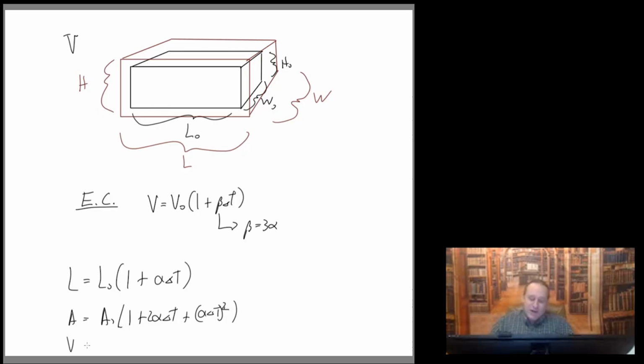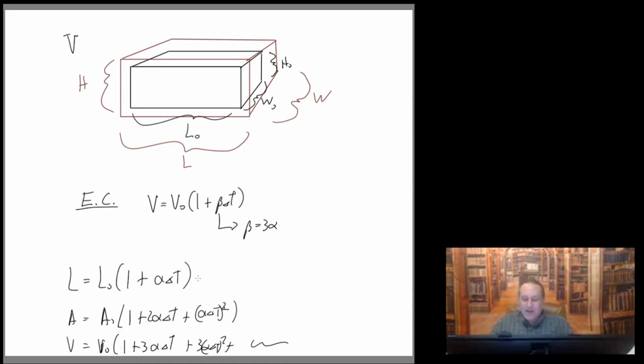And for the volume, we get something like volume naught times 1 plus 3 alpha delta t plus 3 alpha delta t squared plus, stuff. It just kind of keeps going. This looks a little like something. Does it look like something to you guys at all?